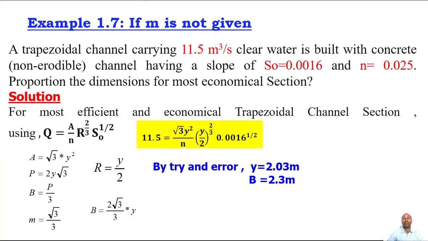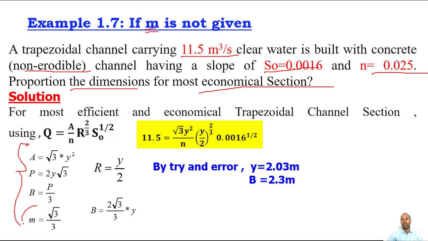Accordingly, we just have to compute like that. So this is an example. If m is not given, for example, if the discharge is given, a clear water canal is built with a concrete non-erodible channel having a slope of this one and n is this one, proportion the dimensions for the most economical channel. So for the most efficient and economical trapezoidal channel section, we have these equations already proved, because we derived m equal to root 3 over 3.